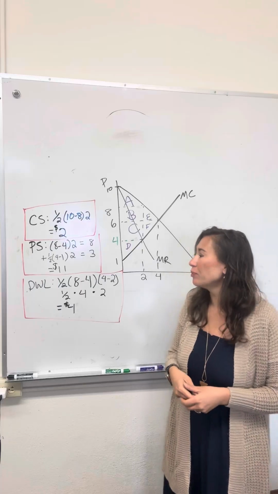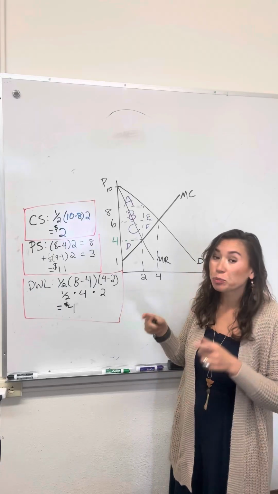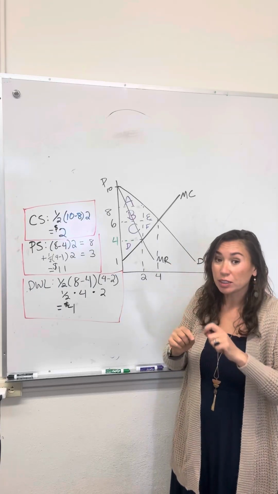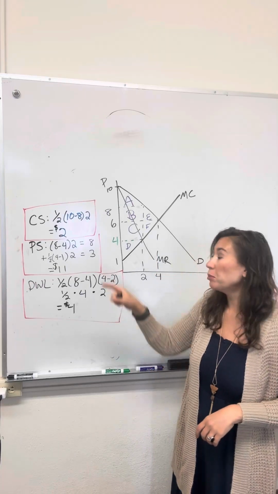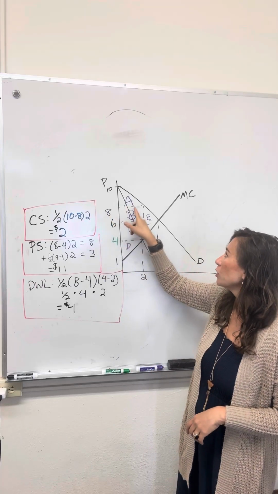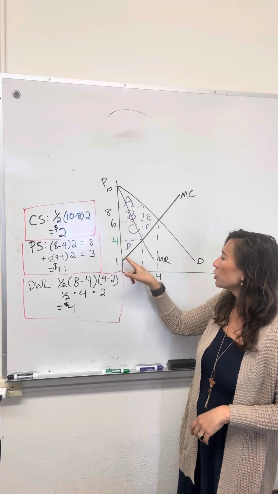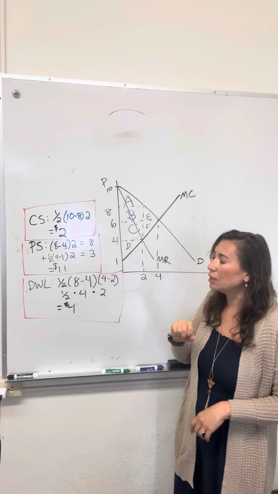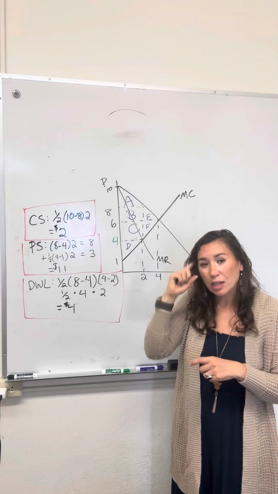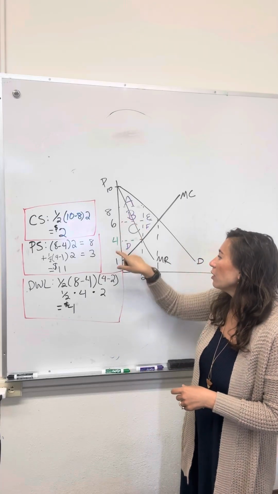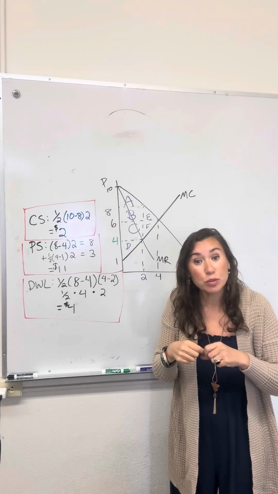Okay, let's move on to producer surplus. It's a little trickier. The reason it's trickier is because producer surplus, again, using the same language, what price is relevant to producers in the monopoly marketplace, $8, out to the quantity traded, down to the marginal cost. So it's B, C, and D. And so we're going to break these areas up so that we can have a rectangle and a triangle, and we're going to add those 2 together.